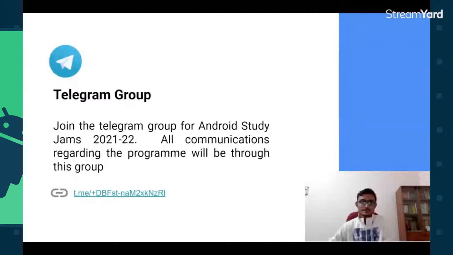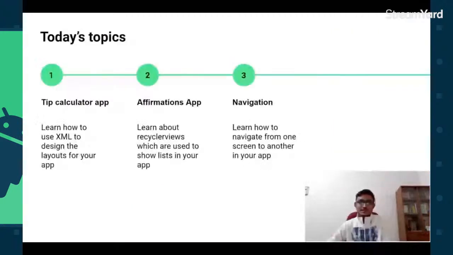So these are today's topics. The first thing that we will do today is a tip calculator app where you will be getting an idea of how to use XML, which is a markup language, to design your screens for an Android app. Then we will do an affirmations app where you will get an idea about how to use recycler views, which are basically list views, but with much better performance.